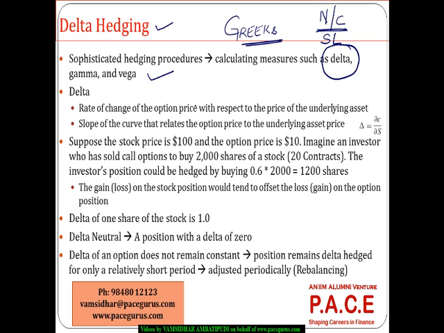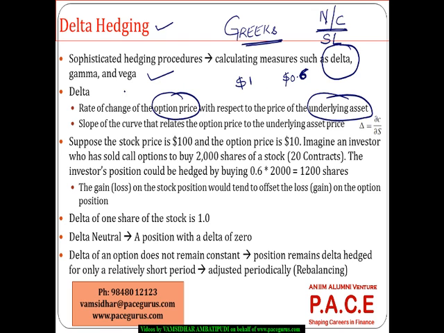If I have to define delta, it's the rate of change of the option price with respect to the underlying asset. If the underlying asset has increased by $1, by how many dollars has the price of a call option increased? Let's say it is 0.6.